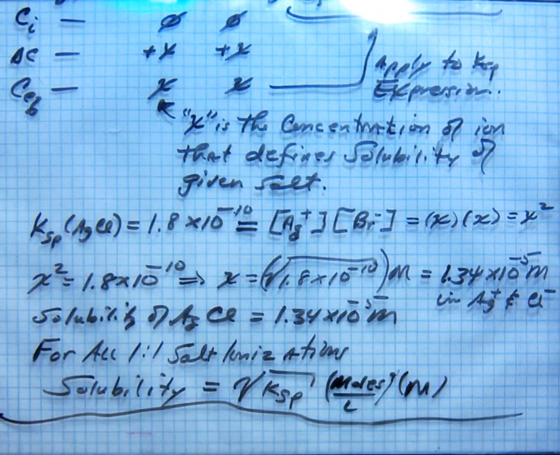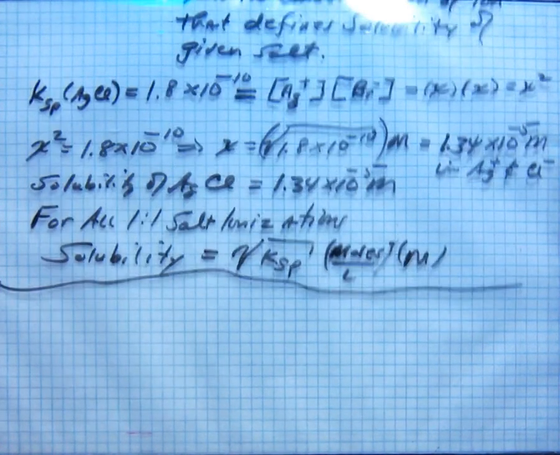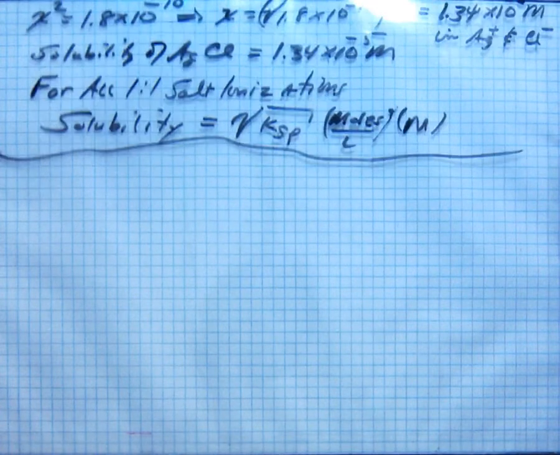Okay, what if you did not have a 1-to-1 ionization? You have a 1-to-2 or 2-to-1. You can derive an expression that defines that solubility also. I want to use lead iodide. There it is right here.